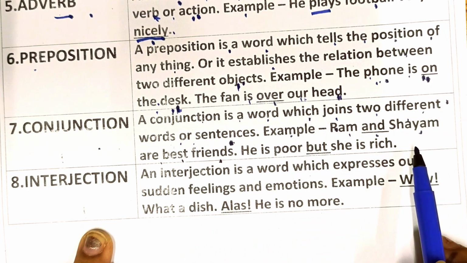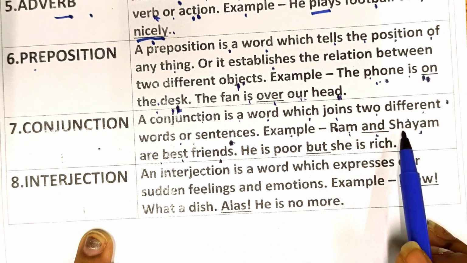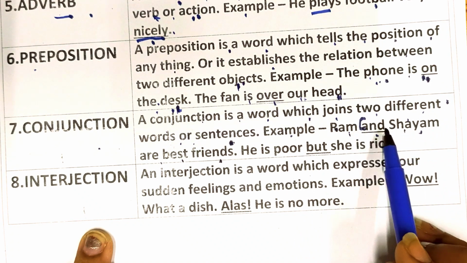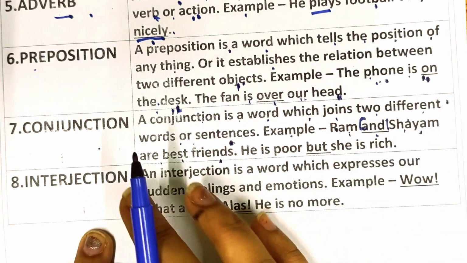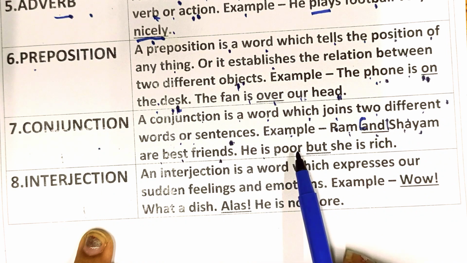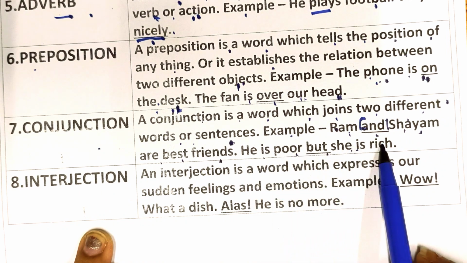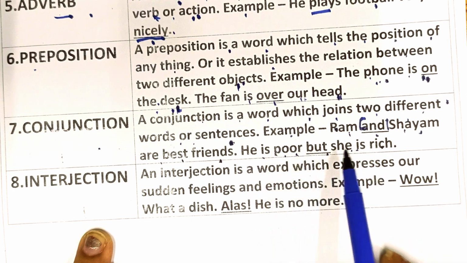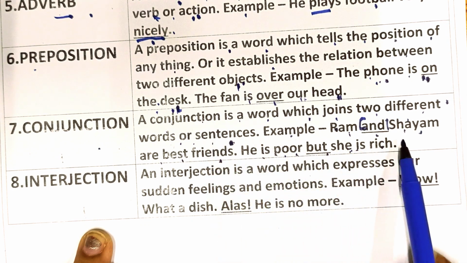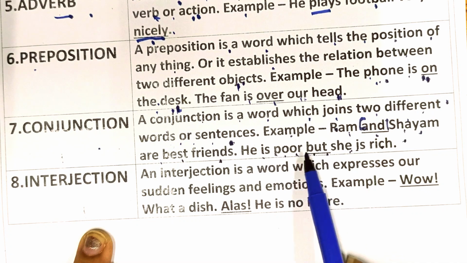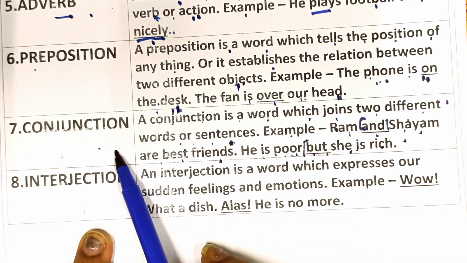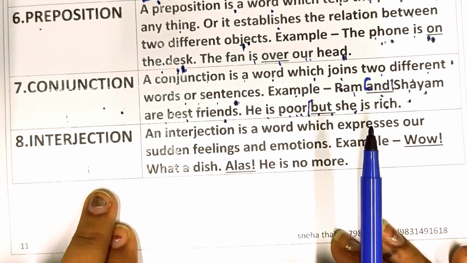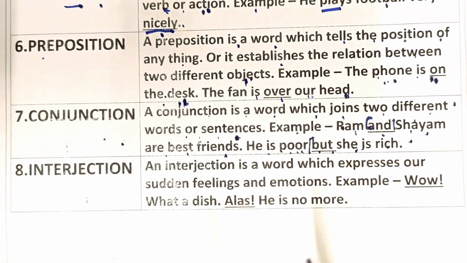Both are different, but both are joined with the word and, and that's why and is our conjunction. He is poor but she is rich. Now he is one person and she is another, but this but is joining both, so but is our conjunction. Clear?